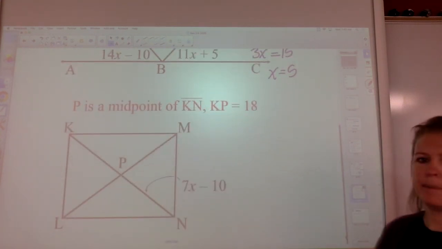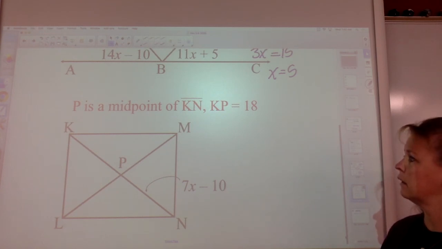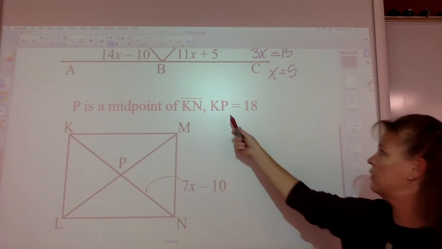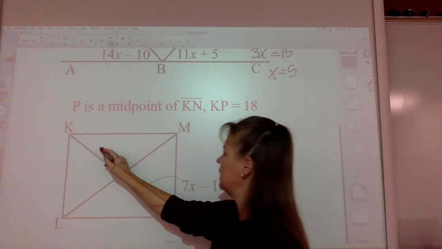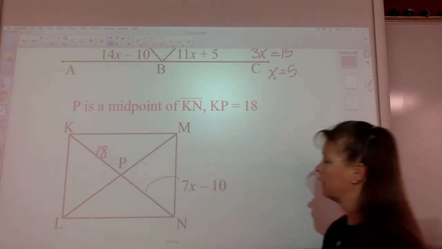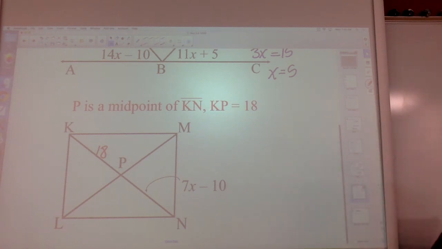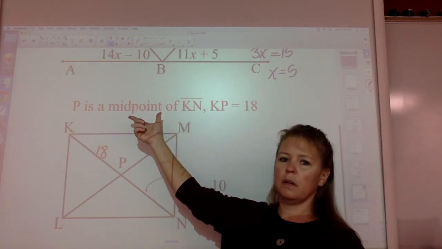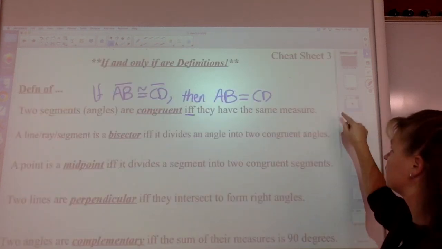Last diagram. P is a midpoint of segment KN. The measure of segment KP equals 18. They practically told you what you're going to use. There's given information there.